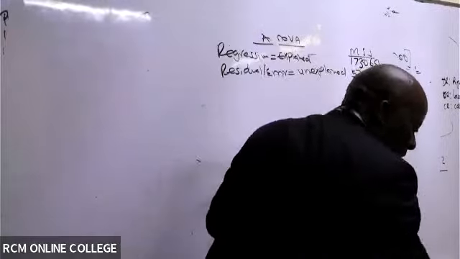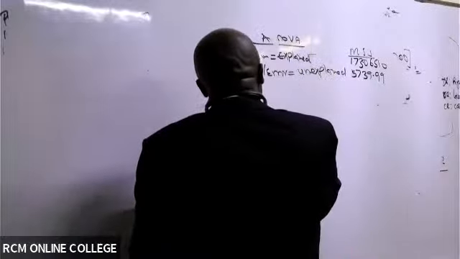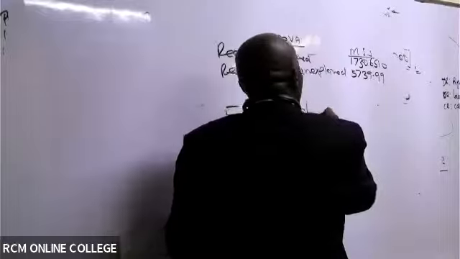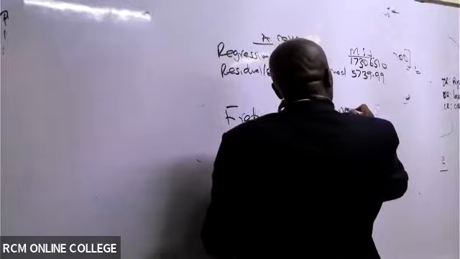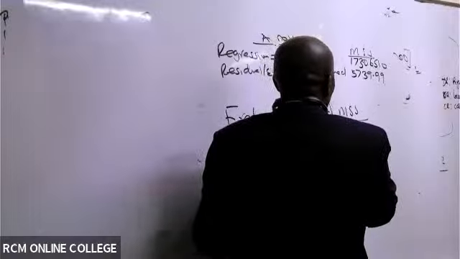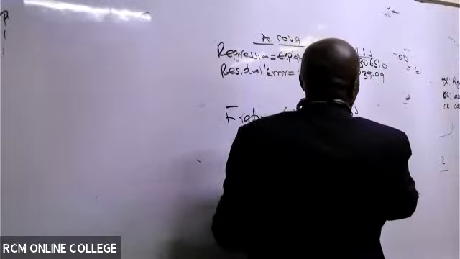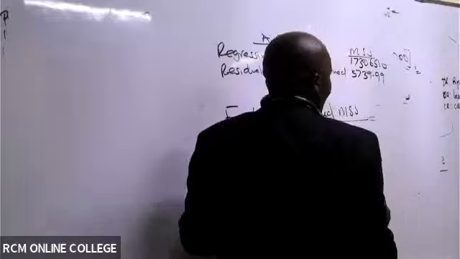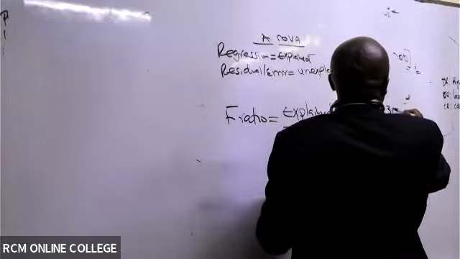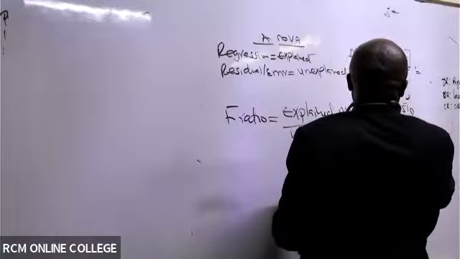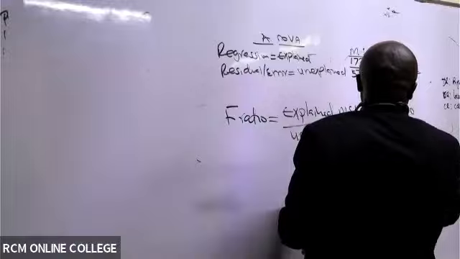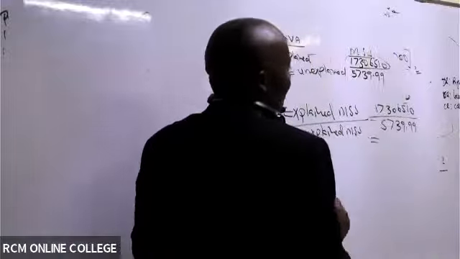And how do we get this F ratio? To get F ratio, we always take the explained MSS over the unexplained MSS. So explained MSS is this one: 1730.6510 all over 5739.99. Are you able to give me this answer yourselves?